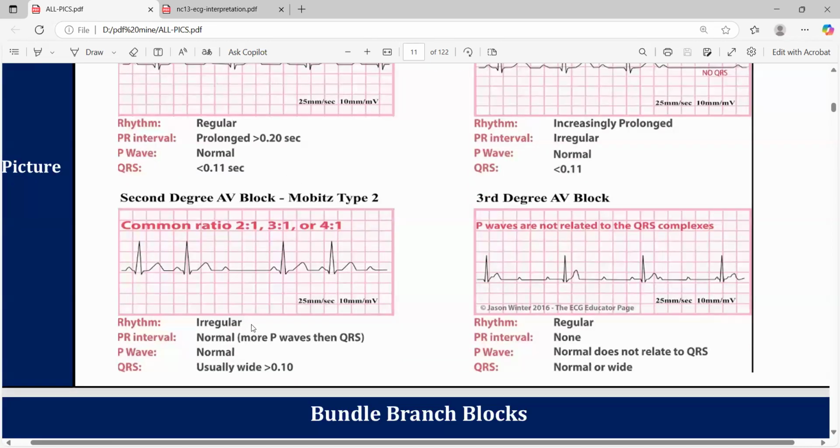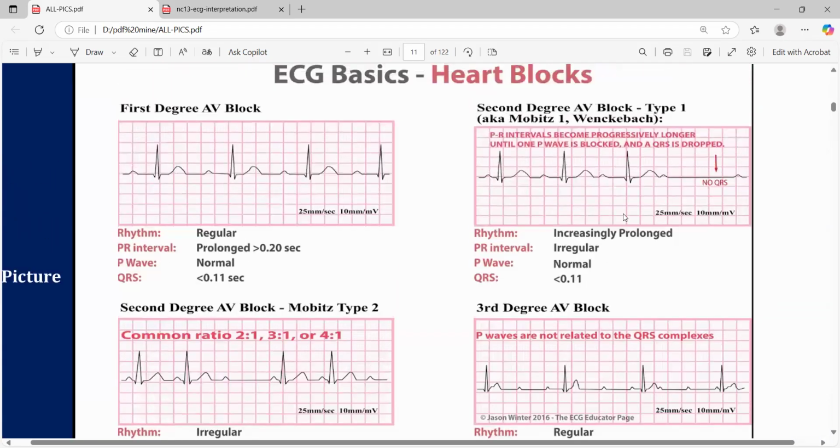Then comes this one, which is basically irregular. In this one, the P wave is normal, but after the QRS there is a very prolonged gap, and then there is another one. So the difference between Mobitz type 1 and Mobitz type 2 is that in type 1 the gap comes after 3 to 4 to 5 normal QRS complexes, but here, after every 2 or 3, there is a big gap.